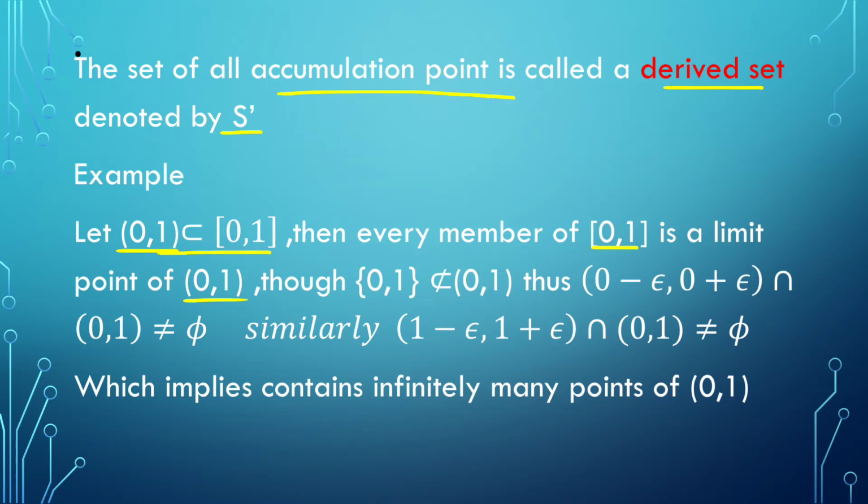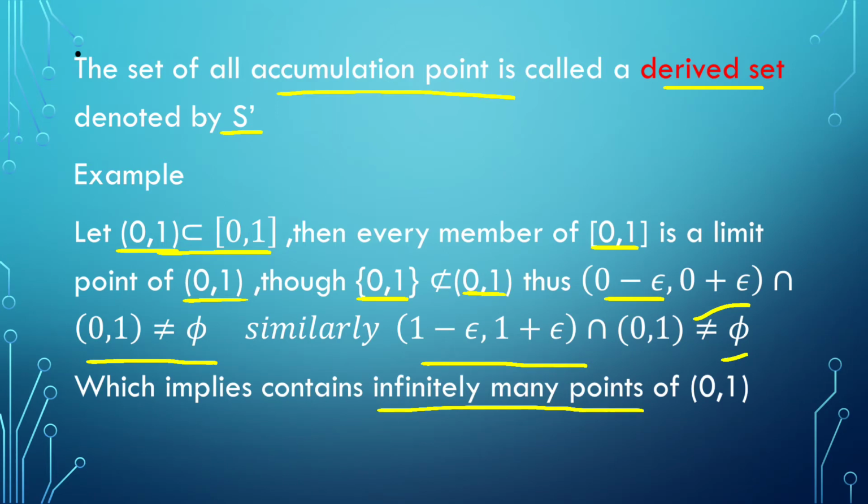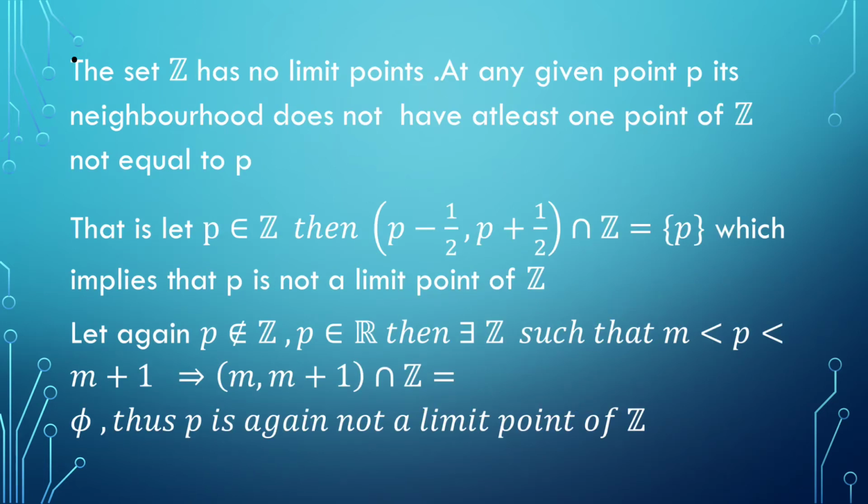If you take a different look at the neighborhood, you'll find that it's still not empty. And if you check the neighborhood of 1, you'll find that again it is not empty. That will mean it contains infinitely many points of the interval. So it contains many other points which are not 0 and 1, and therefore they are limit points.